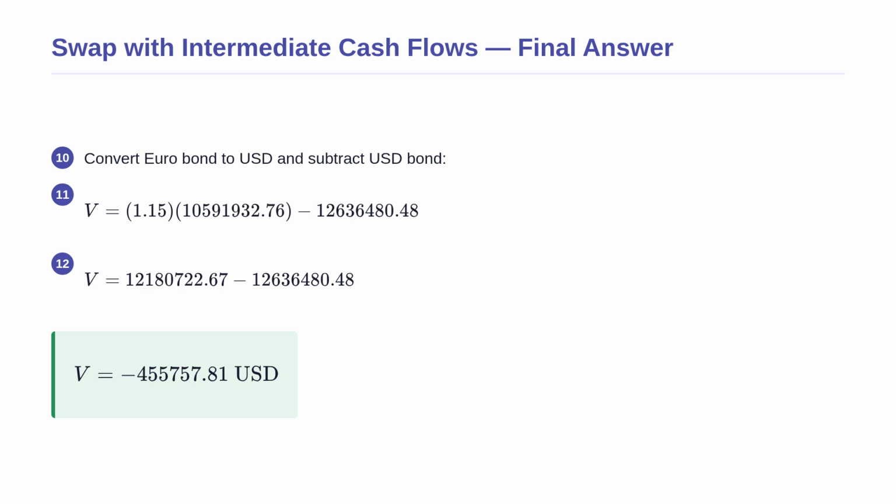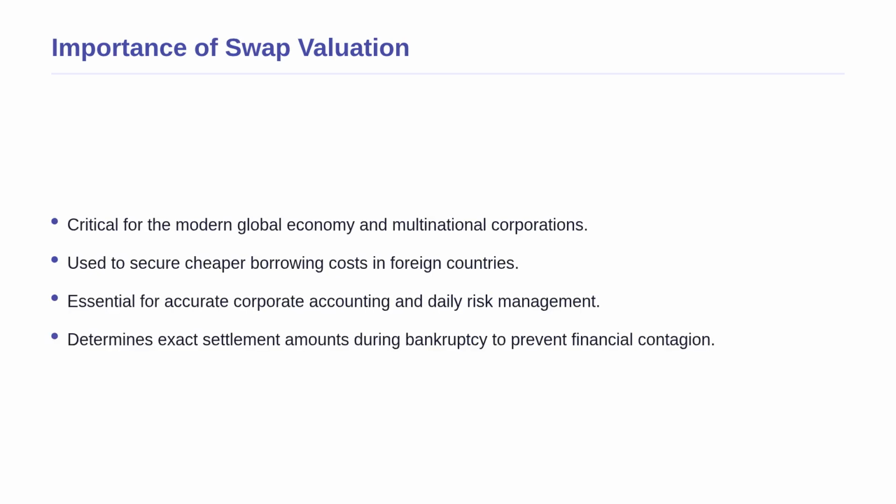The final result is negative $455,757.81. Once again, this negative value means the swap is currently a financial loss and would be recorded as a liability. Having seen the calculations, you might wonder why this level of precision matters.